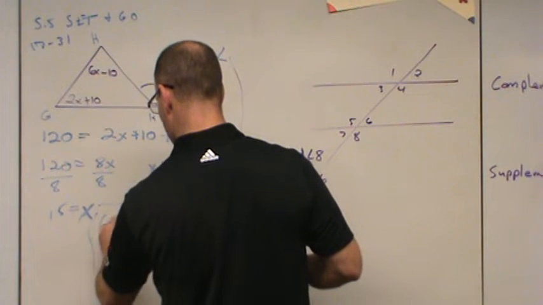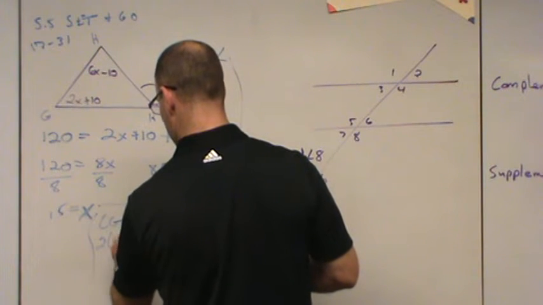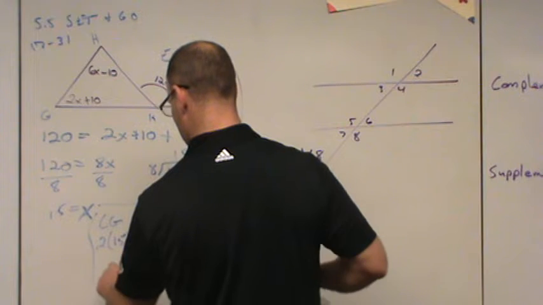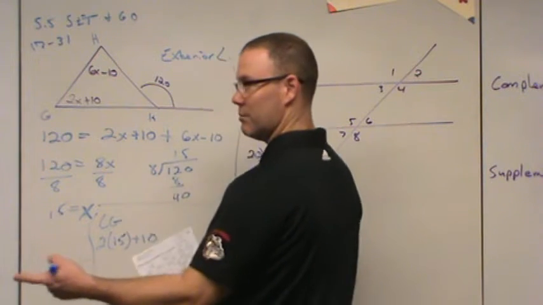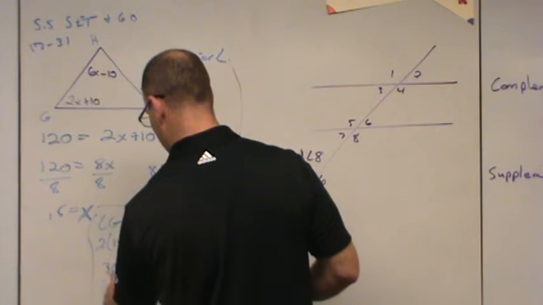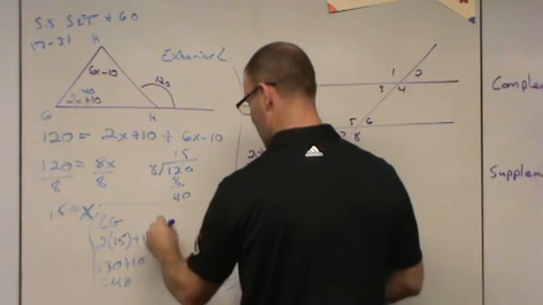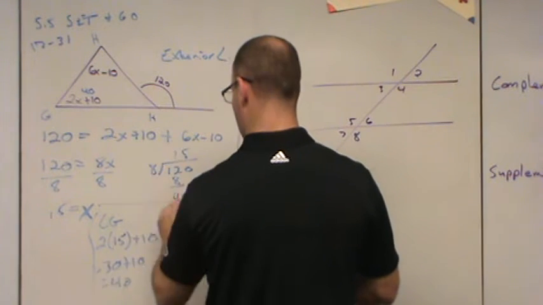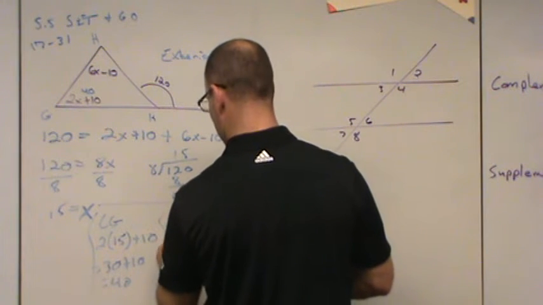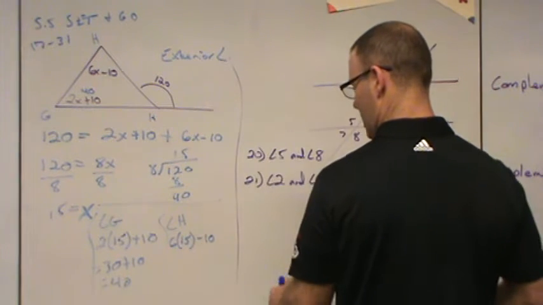They're not labeled. G, H, I should have labeled them, bad on me. All right? So angle G is equal to 2 times 15 plus 10. Well, 2 times 15, if I have 15 bucks and somebody gives me 15 bucks, I have 30, plus 10 is equal to 40, all right? So I'm going to come up here and label that 40 degrees, and then angle H, I want to find angle H, that is 6 times 15 minus 10, and what's 6 times 15?